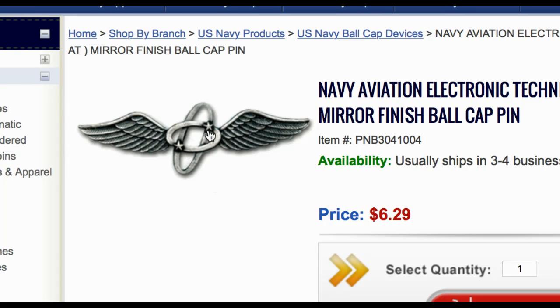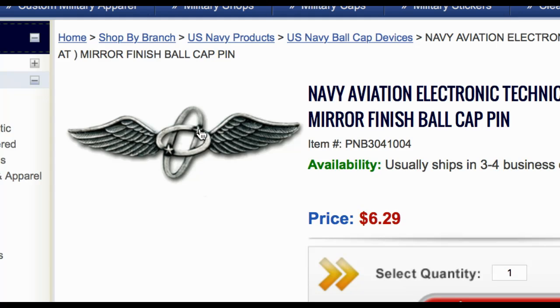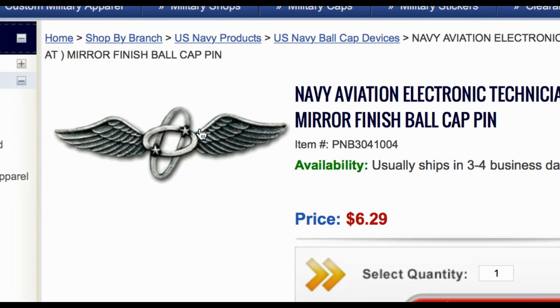But in this particular one, it's at the intersection point of these rings.